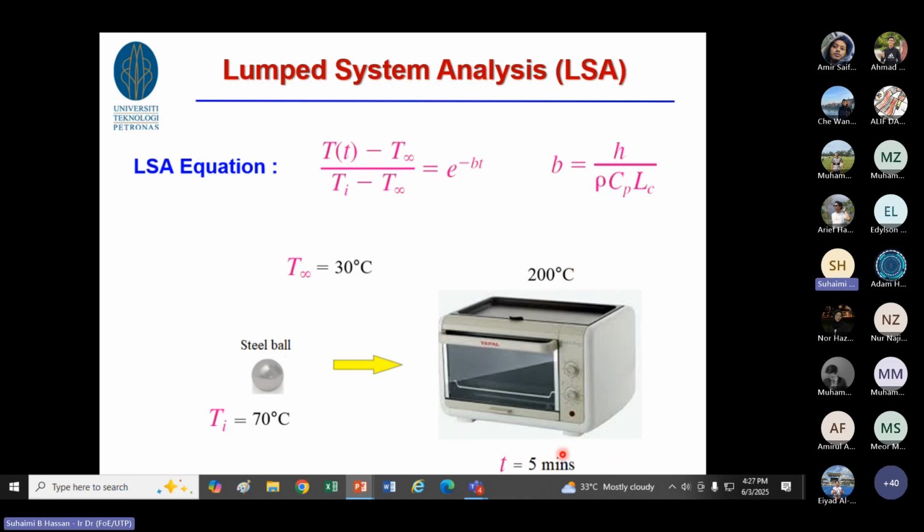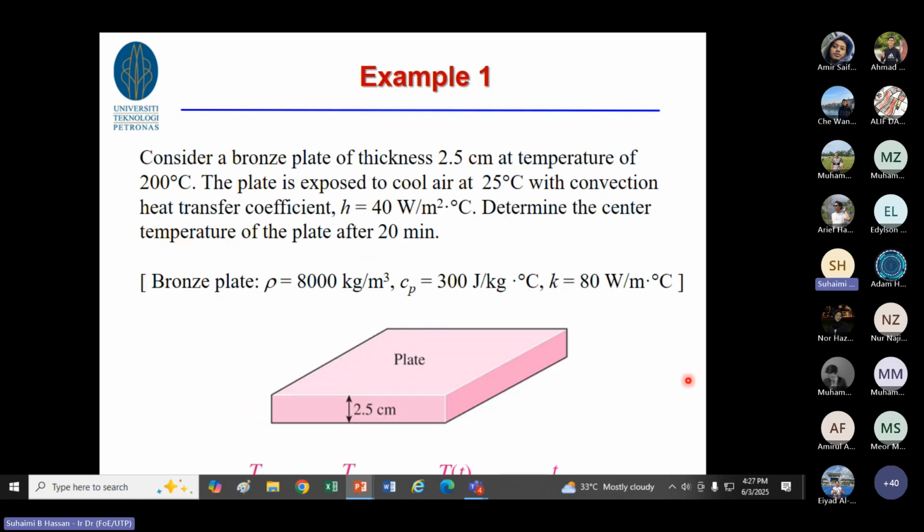We did 5 minutes. So here, initial 70, after being heated for 5 minutes, it becomes 200. Surrounding temperature is, so this is 1, 2, 3, and. Okay, example 1.